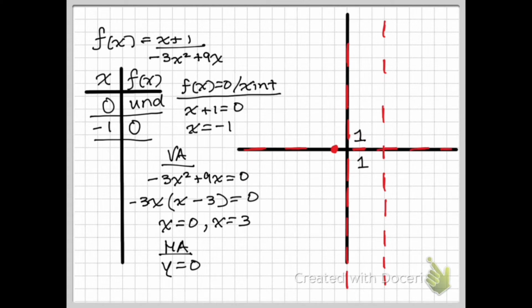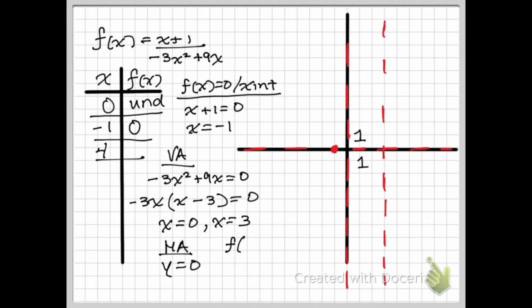Okay. Looking over to the right side here, let's start on the right side. I need to know what is happening over in this region, and I'm going to do that with a test point. So with the vertical asymptote at 3, the test point that would make sense would be 4. If I can't do this in my head and I need to do some work, the way to show what I'm doing is to use correct notation.